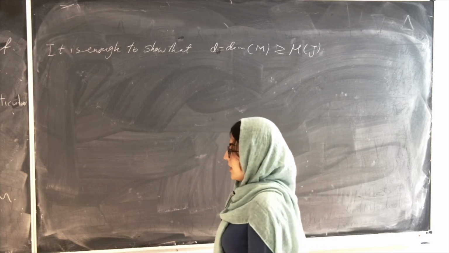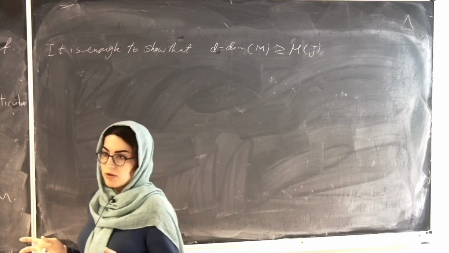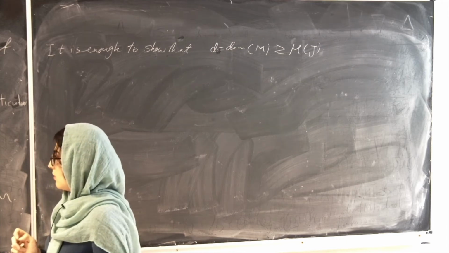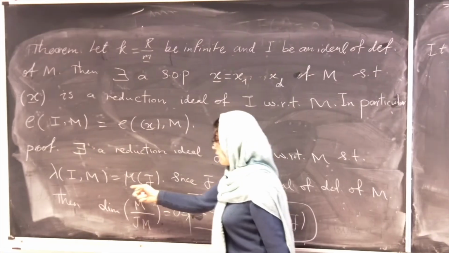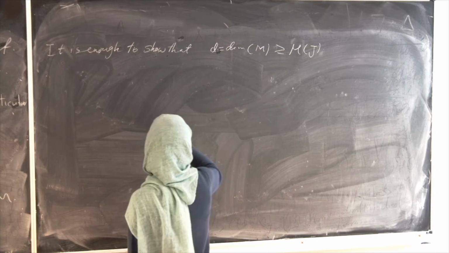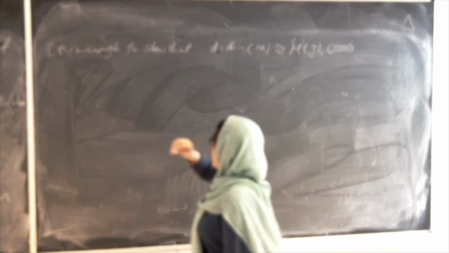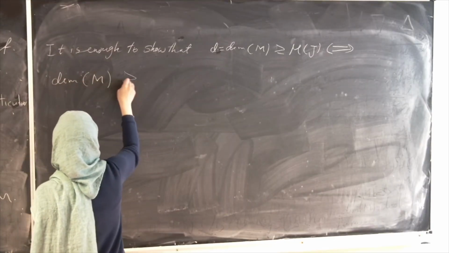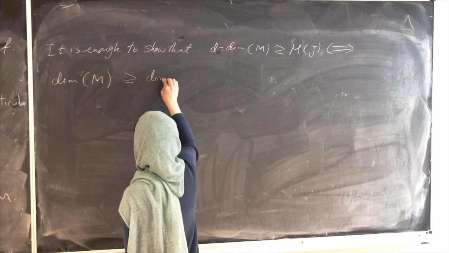Okay, how do we do this? We use the previous theorem that we proved for analytic spread, which is equal to mu of J. So it is enough to show that the dimension of M is greater than or equal to the analytic spread. What was the analytic spread?